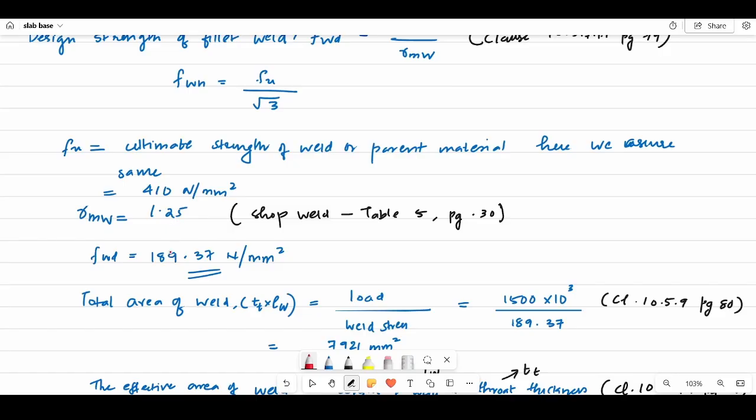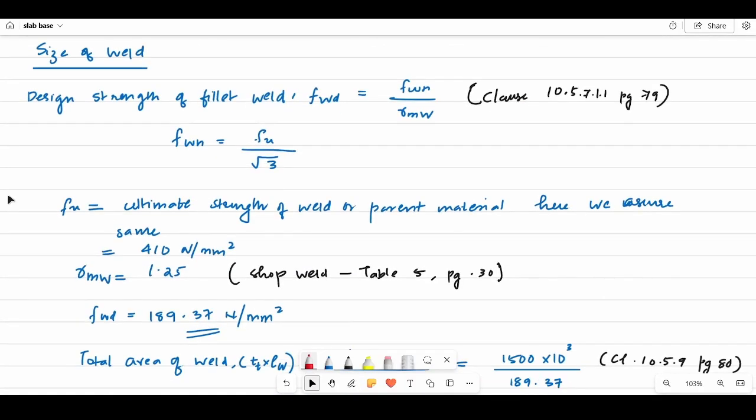Now we have to substitute these values in this equation, that is Fwd will be Fw divided by gamma mw, so 410 divided by root 3. So basically Fwd will be equal to 410 divided by root 3 into 1.25.